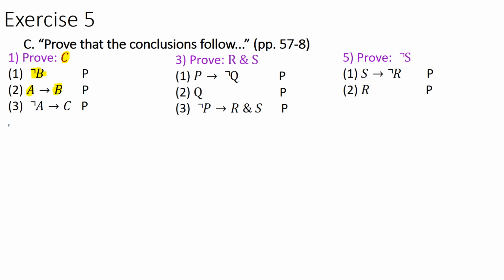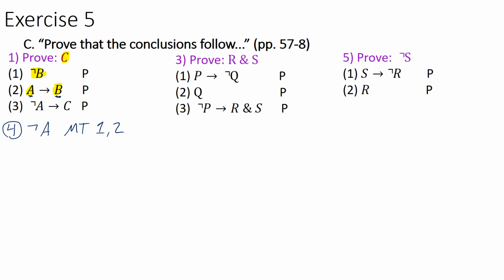Hence, for line 4, we can say not A by modus tollens with lines 1 and 2. Because we can deny B, and B is necessary for A, we can deny A.